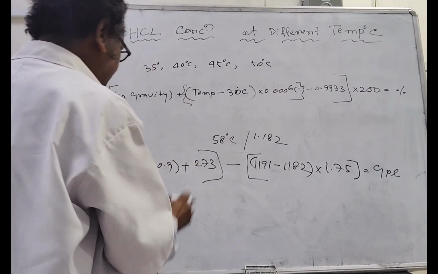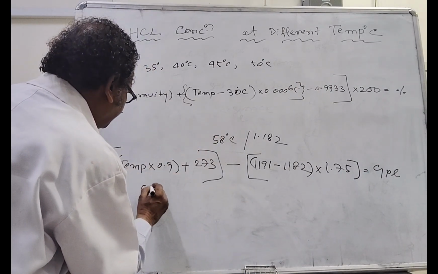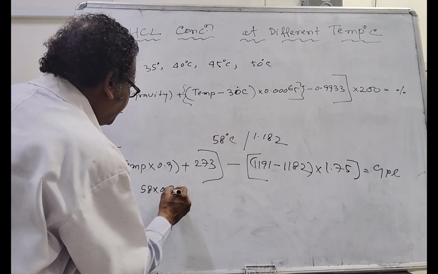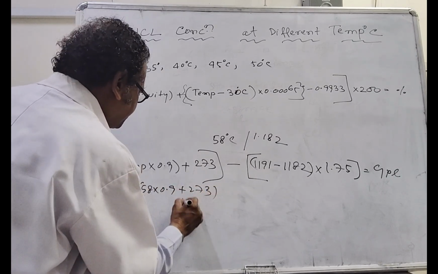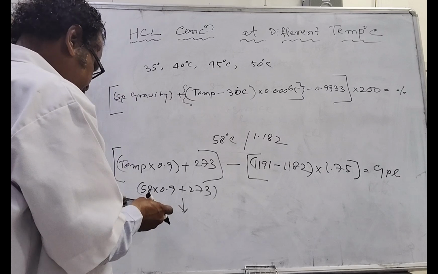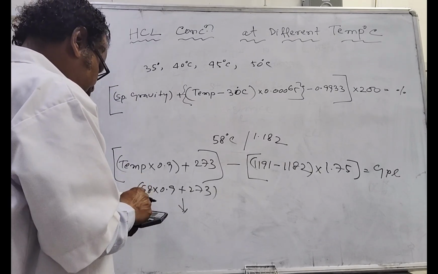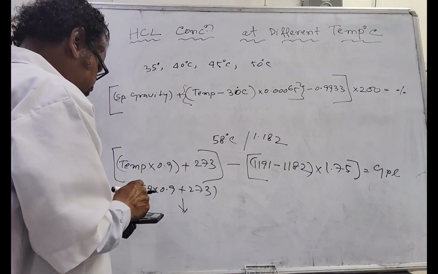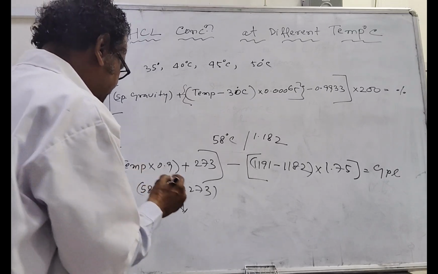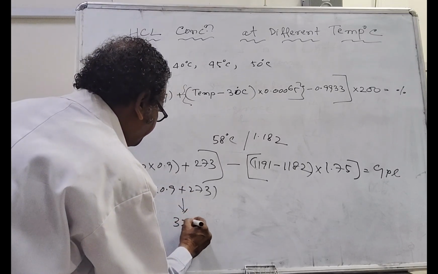Say here it is 58 into 0.9 plus 273. It is 325.